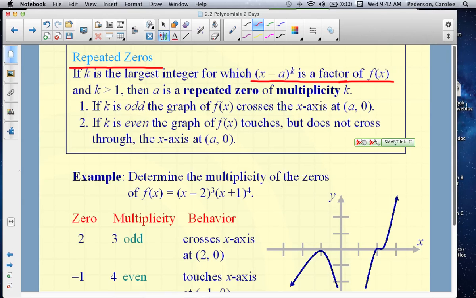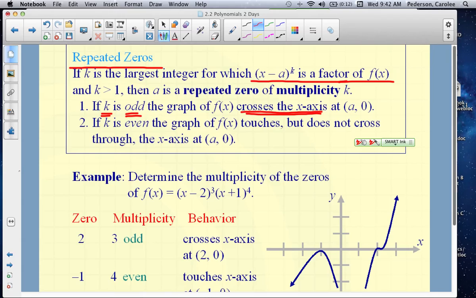Then there's two scenarios for a repeated zero. If that exponent is odd, then it crosses the x-axis. And we'll look at it in the example below. It crosses the x-axis, so it goes through the x-axis.